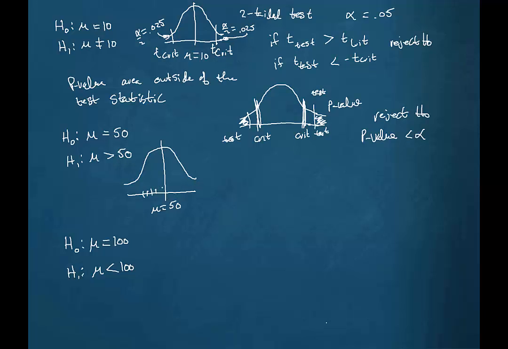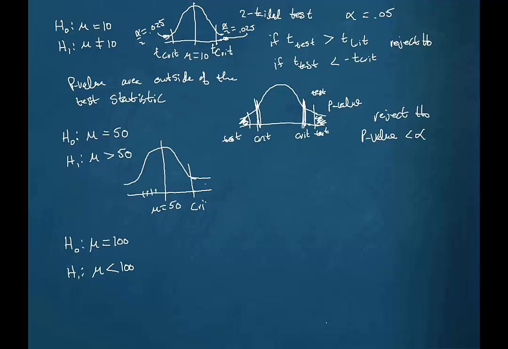So we wouldn't even bother doing a hypothesis test. The question becomes, does our sample statistic land far enough out here to the right? It's only to the right that we would care. So does it land far enough out here to the right so that it's significantly greater than this hypothesized mean, so that we would conclude that the mean is greater than 50?